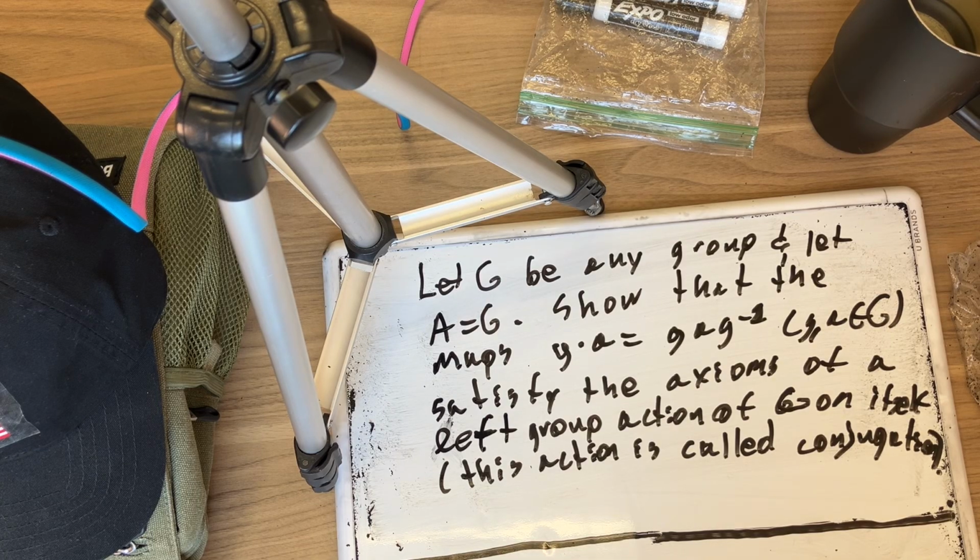And this is equal to open parentheses G sub 1 G sub 2 close parentheses A open parentheses G sub 1 G sub 2 close parentheses to the negative 1, which is equal to open parentheses G sub 1 G sub 2 close parentheses dot A. And identity is immediate because 1 A 1 to the negative 1 is equal to A.